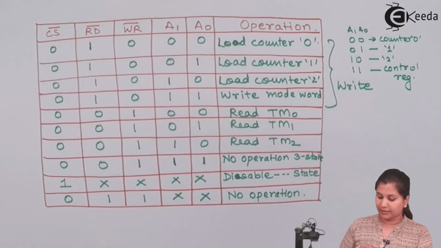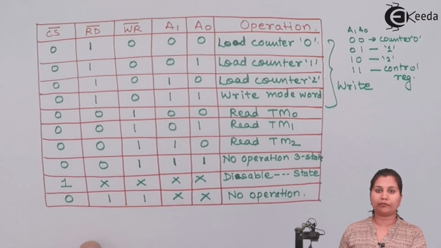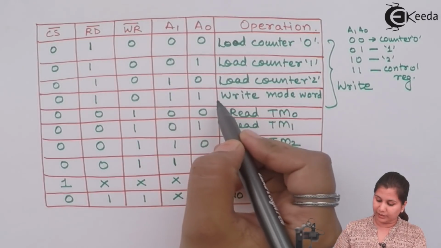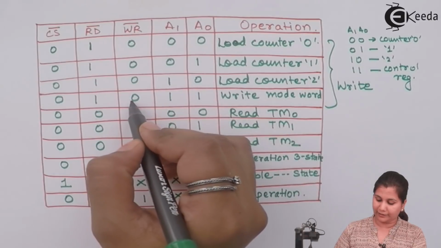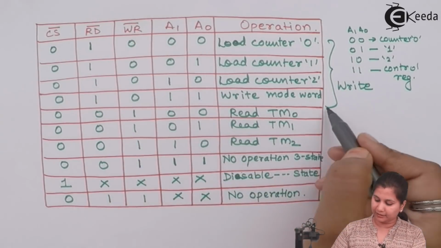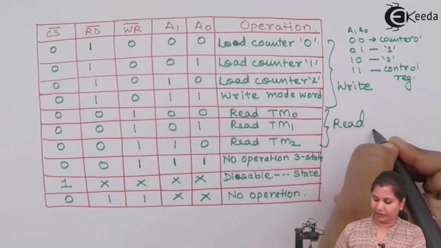Any one of these signals has to be low to perform the read or write operation. So these 4 operations are the write operations because the write signal is activated, and these 3 are the read operations because the read signal is activated.